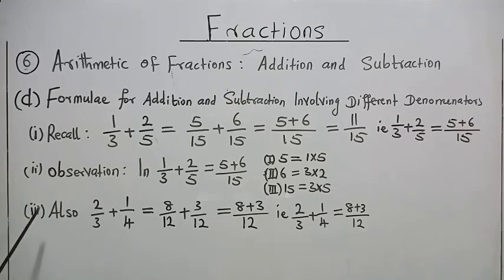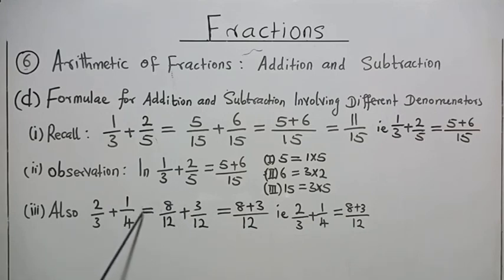So we make use of 12. Therefore, that is why this 4 has to be pushed up to 12. What multiplies this 4 to make it become 12? It is 3. Therefore, that 3 chosen should multiply up and down. If I multiply up by 3, that is 1 times 3, I get this 3.